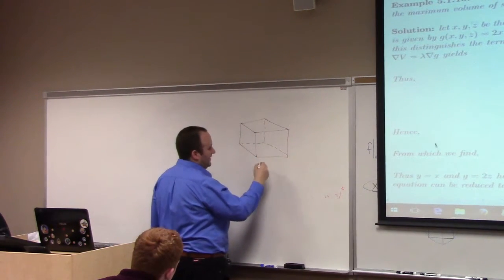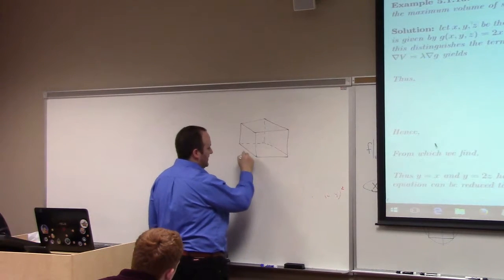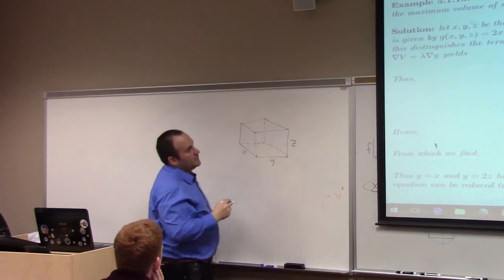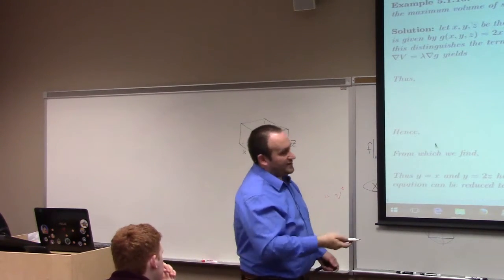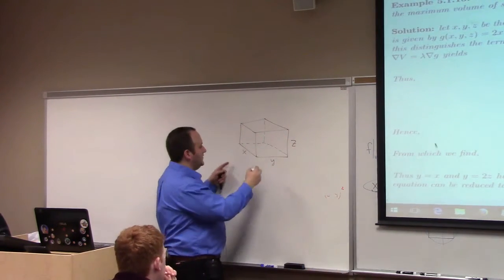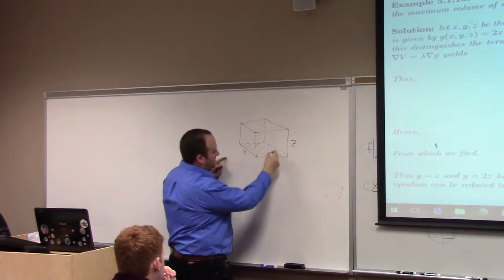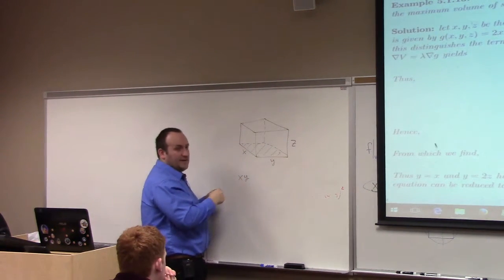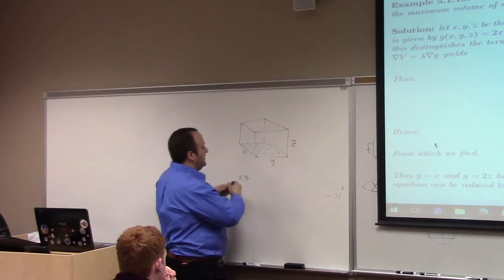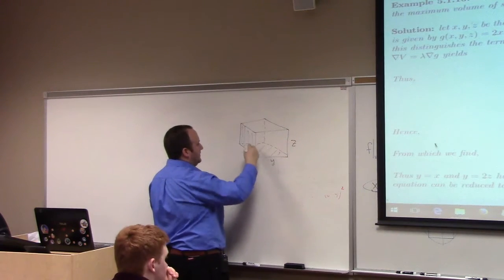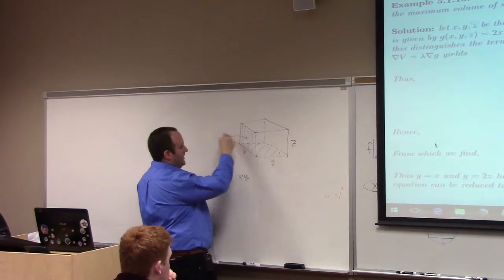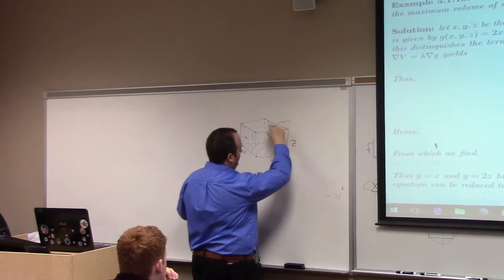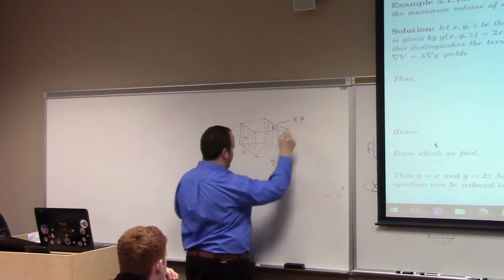So I need to label these. Suppose that this is x, this is y, this is z, just for the sake of discussion. We're told that it's a box without a lid, right? So you've got this one xy down here, and that's why it's different. There's no xy upstairs. But there is, of course, this one here, which is xz, and this one back over here, which is xz again.